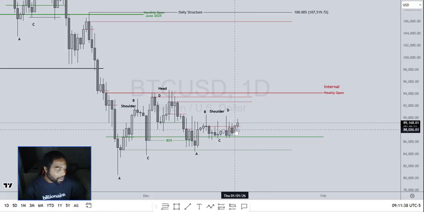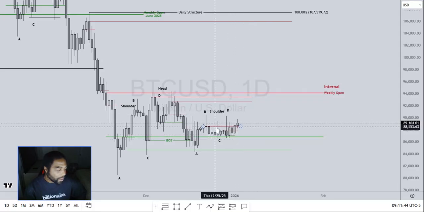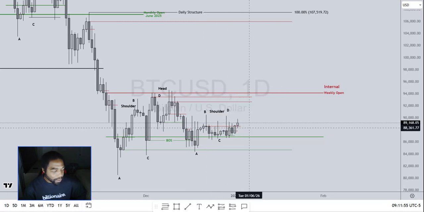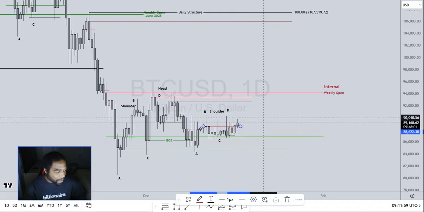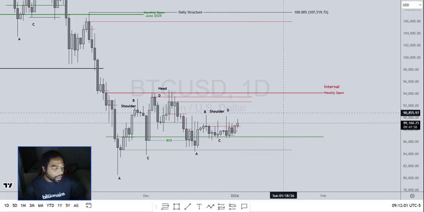And price yesterday produced this bullish continuation, right? In this bullish continuation, price closed above the point B of this swing here. And then as you can see today, price has come down retesting this level and is pushing up higher.